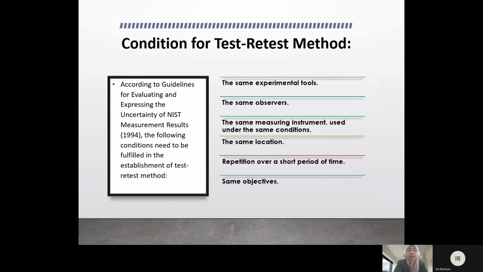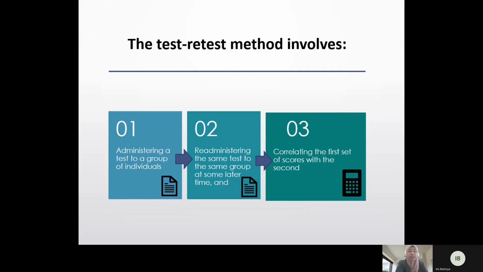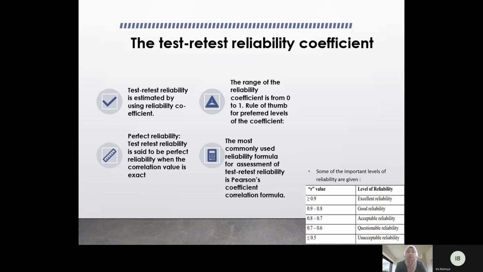Okay. Next. The test-retest is estimated by using reliability coefficient, most commonly used by assessment of Pearson coefficient correlation formula. Okay, it is perfect reliability when the correlation value is exact.